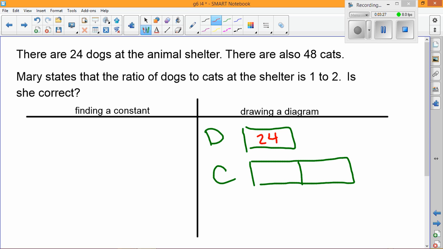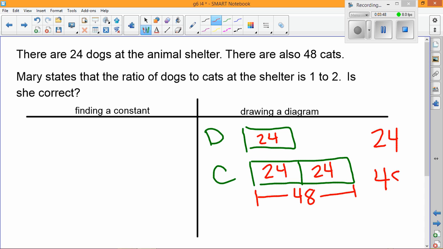So the total number of dogs is 24. If that were to hold true, then each of these boxes is worth 24. That would mean the total number of cats would be 24 plus 24, which gives me 48. So I'd have 24 to 48. So Mary is correct.